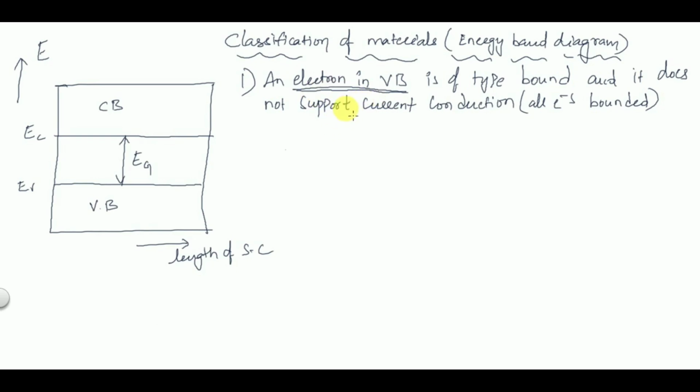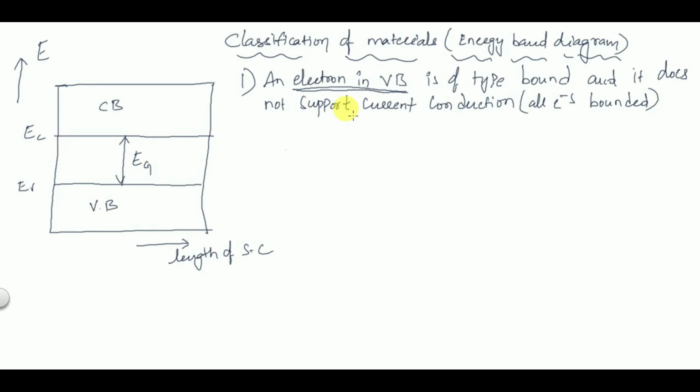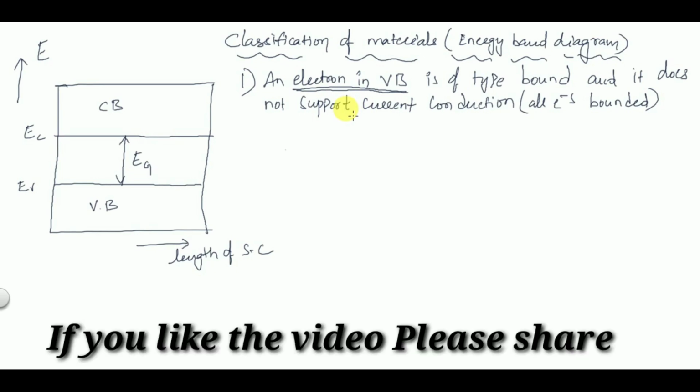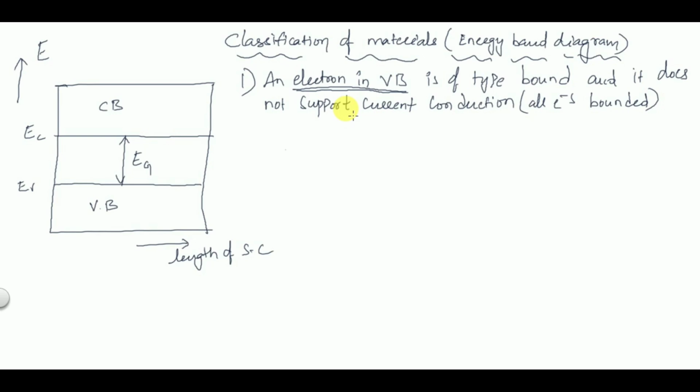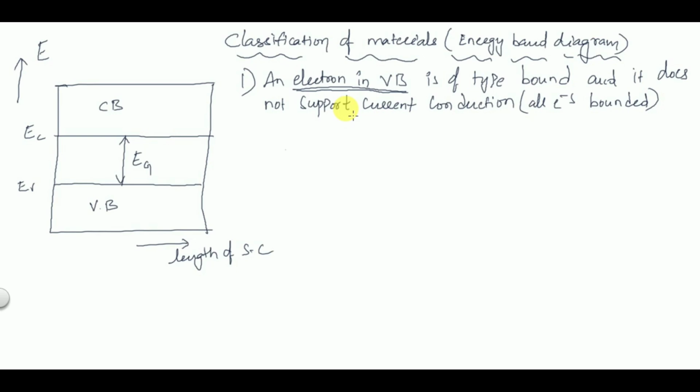Even though the force of the nucleus on valence electrons is less, the electrons are still bound to the nucleus. So all the electrons in the valence band are of type bound and do not support any current conduction.